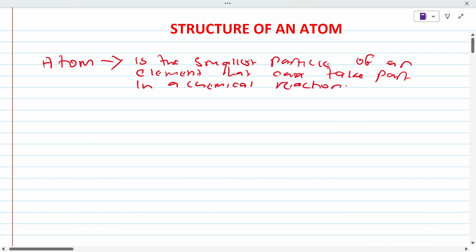So from the definition, we know that it is the smallest particle of an element. So from that definition, we can conclude that atoms make up elements.